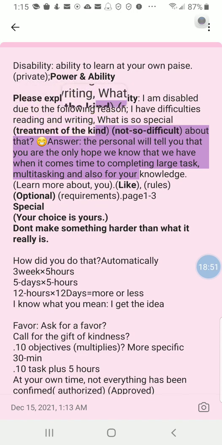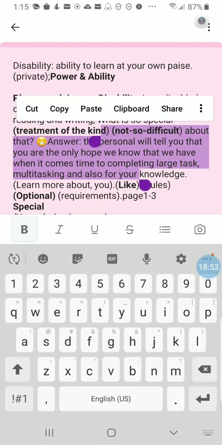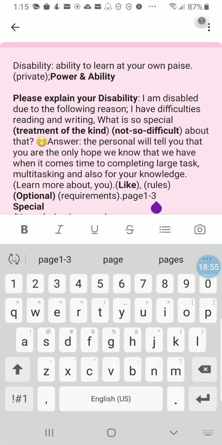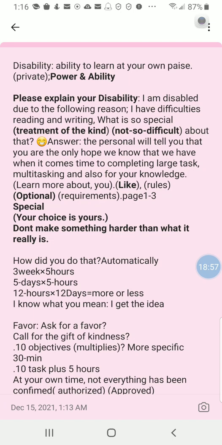When we speak about disability, you're pretty much saying, according to your disability, that you have a lot of difficulties reading and writing, and what is so special.